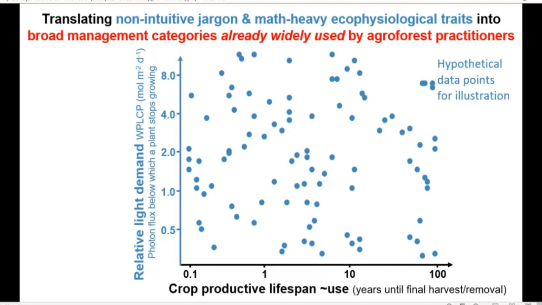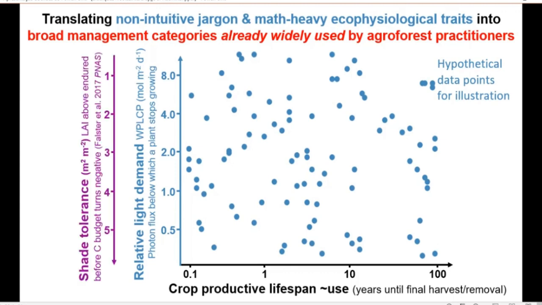So if we reduce the light conditions gradually, even further, at some point the plant will stop growing. The light level at which that plant stops growing is the whole plant light compensation point, which is a measure of the relative light demand. But of course, to communicate that is very complex, not very accessible.